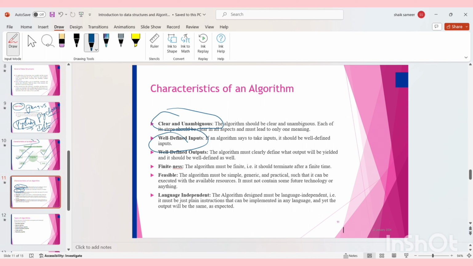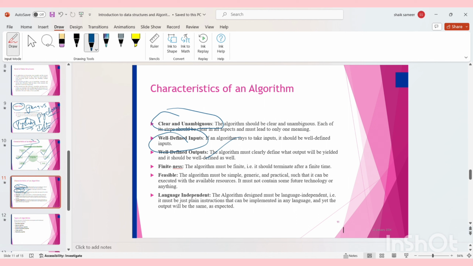If you take a subject like maths, only if the inputs are given exactly correct do you get the correct output. Similarly, well-defined outputs. If you define inputs well, you will definitely get outputs very well. A clearly defined output must be mentioned in the algorithm.